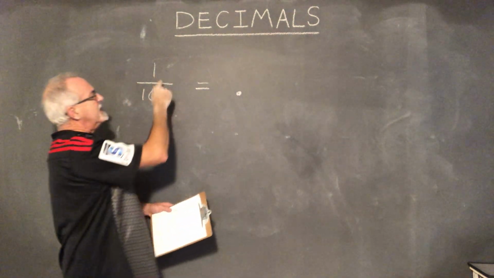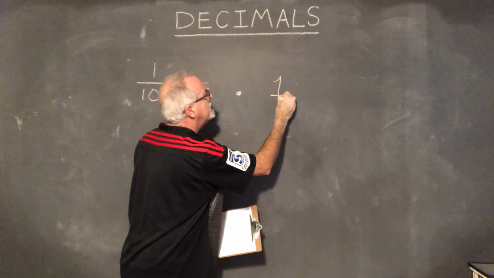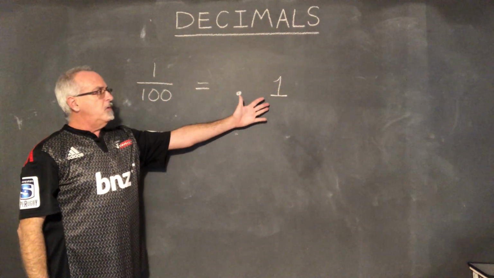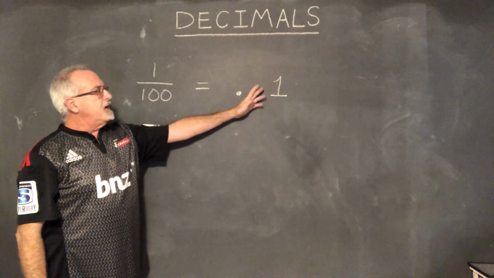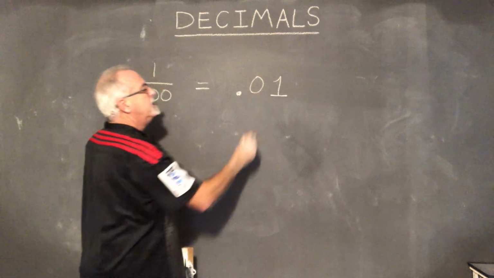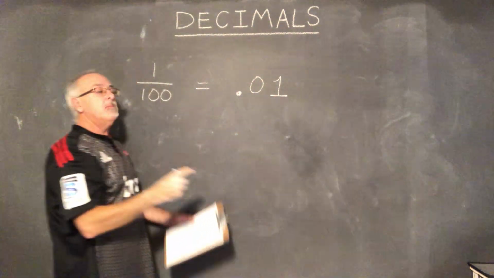So that 1 is 100th, it's not a 10th. I can't write it right here. I have to move over and write it into that second position. And this would not be a good way to finish. It is confusing. We have to put a 0 in there. So 1/100th is equal to 0.01, and it makes sense.